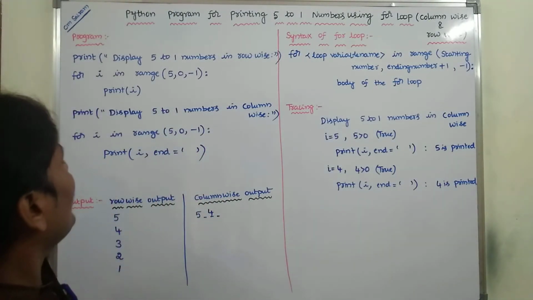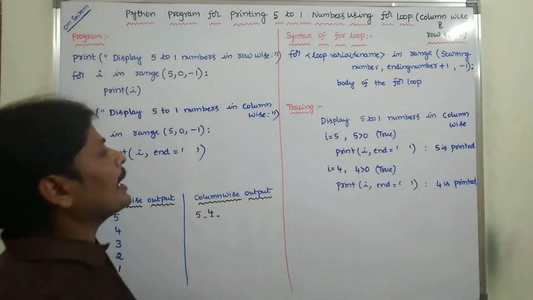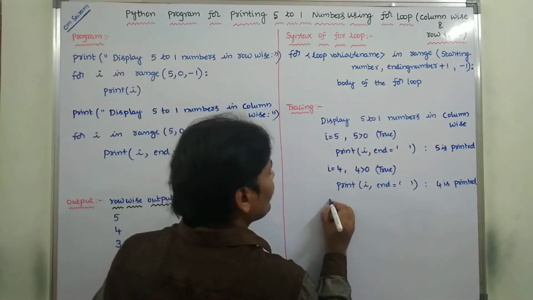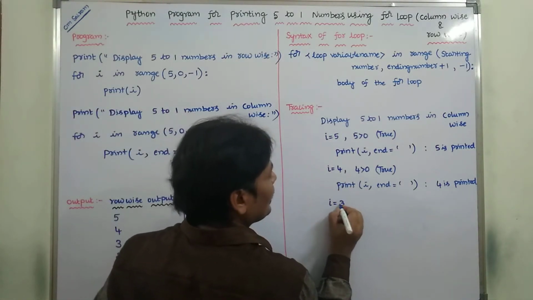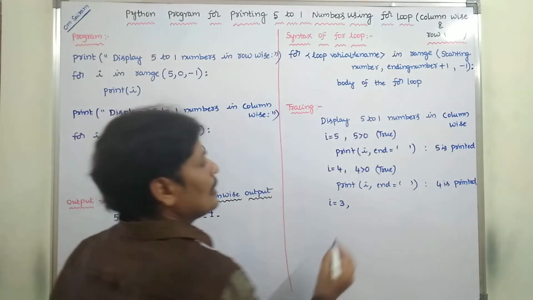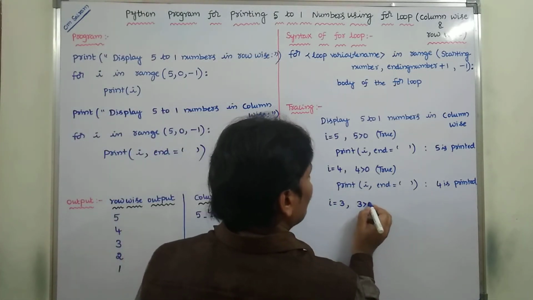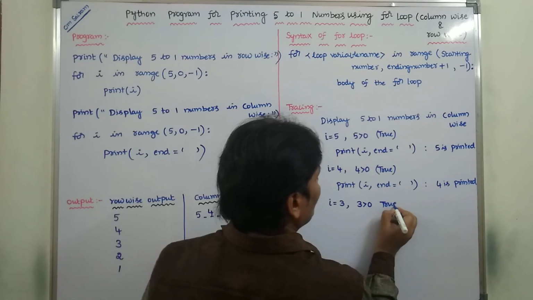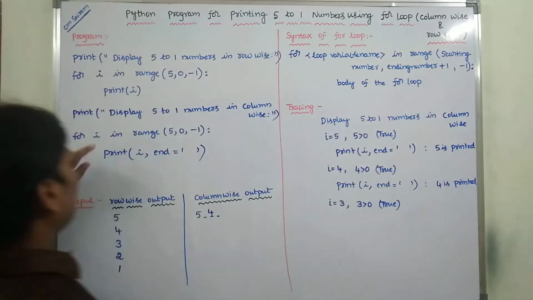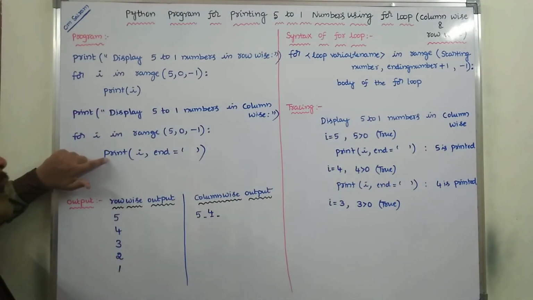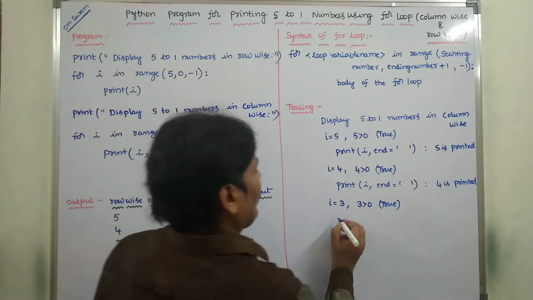Next one, the i value is decremented by 1. Previously the i value was 4. 4 minus 1, that is 3. So 3 is greater than 0. Condition is true. If the condition is true, then the control goes to the statement within the body of the for loop.